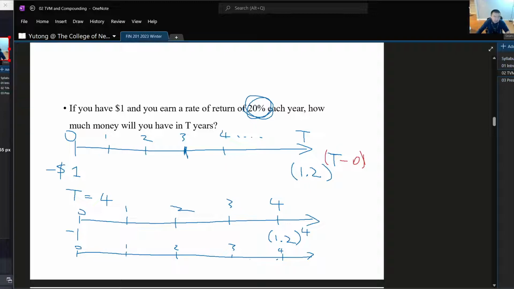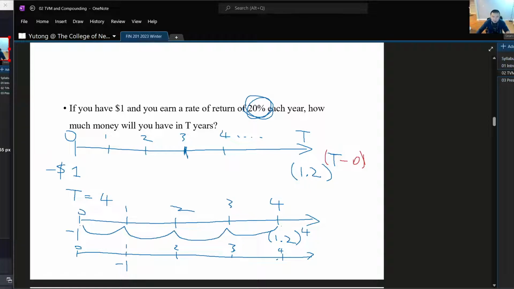Let's say I don't have $1 right now. I'm gonna say I'm gonna invest this $1 a year from today. Then how much am I gonna have at the end of year 4? Okay, is it the same as this? Actually, no, it's not gonna be the same, because from time 0 to time 4, there has passed year 1, 2, 3, 4.